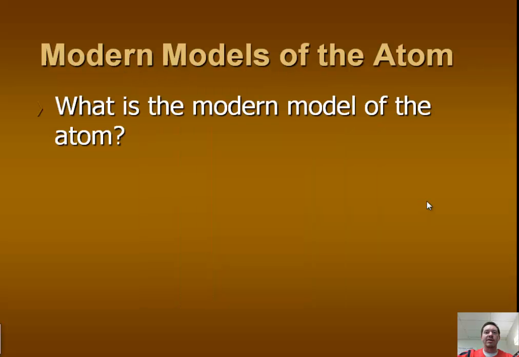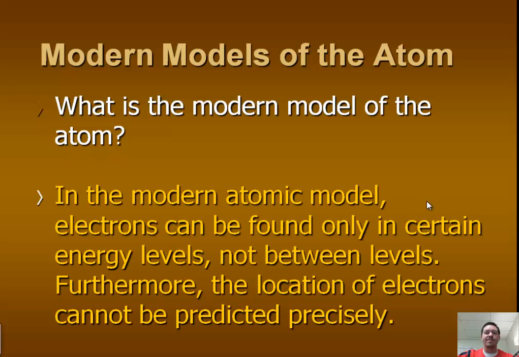So in the modern model of the atom, electrons can be found only in certain energy levels, and they're not going to be found between levels. Furthermore, the location of electrons cannot be predicted precisely.